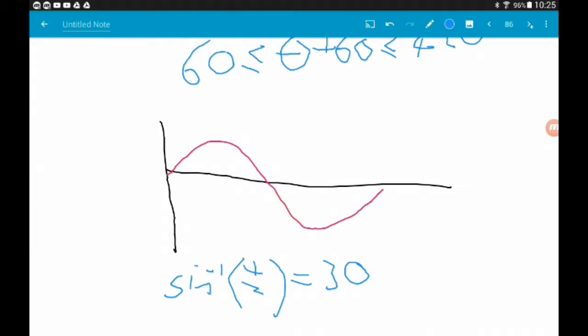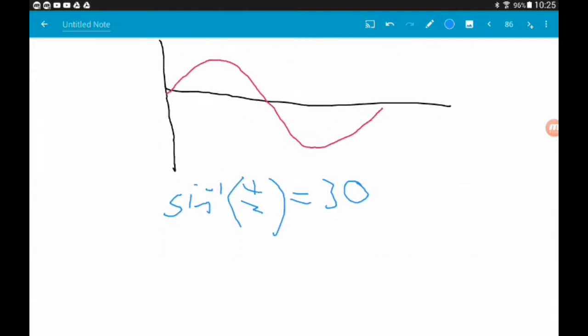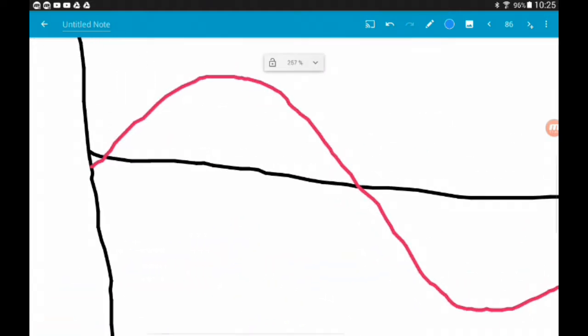So we know theta plus 60 is equal to 30 degrees. Now, sine has a period of 360. So this first solution is back here.